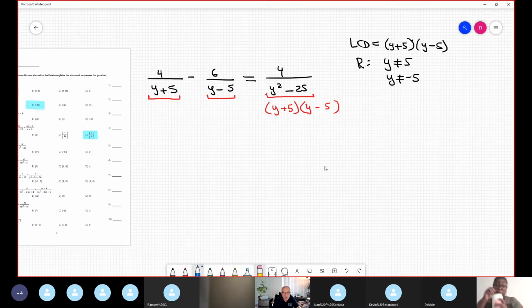Now, multiplication. Multiply the entire equation. This is, in my opinion, the most important moment. When you multiply the entire equation by the LCD, is the moment in which you eliminate the fraction.